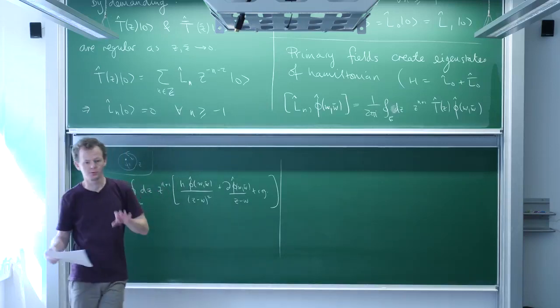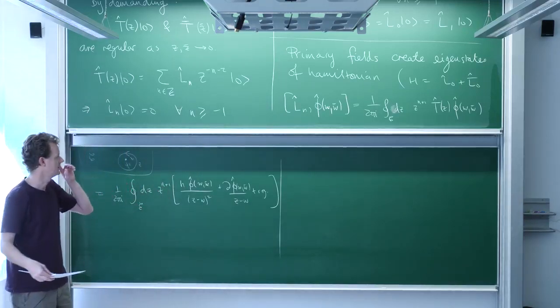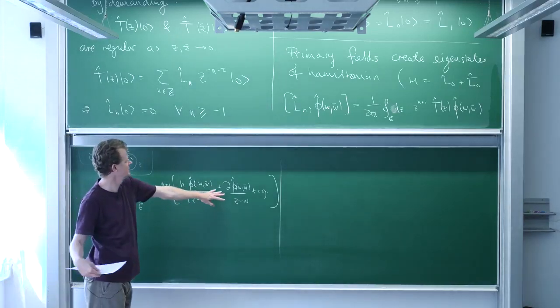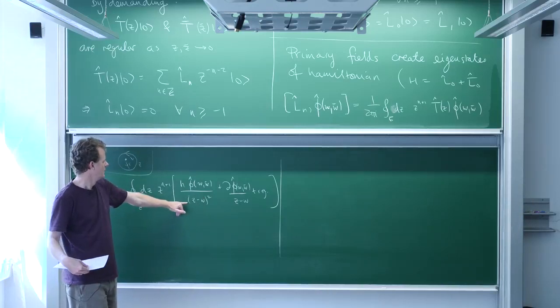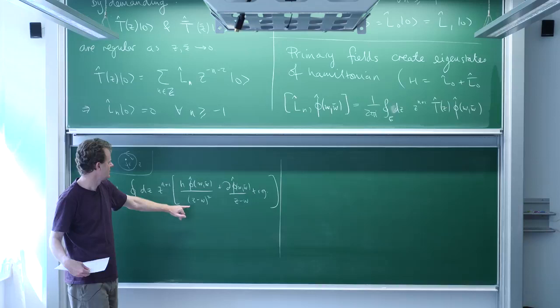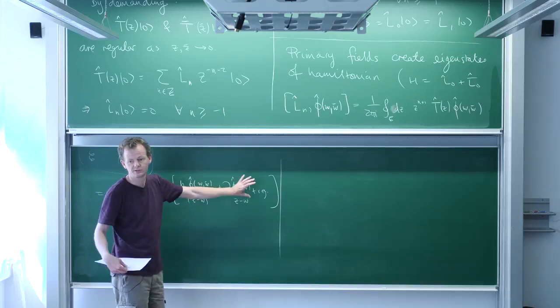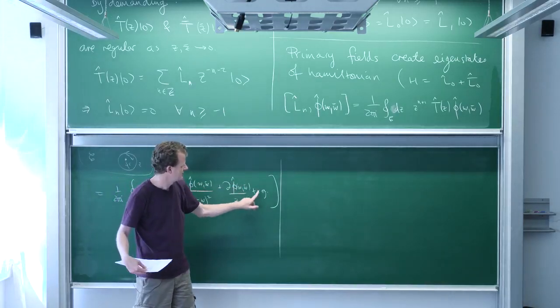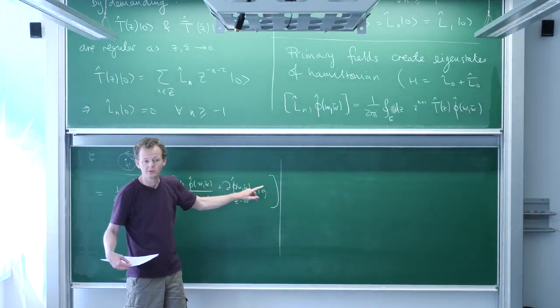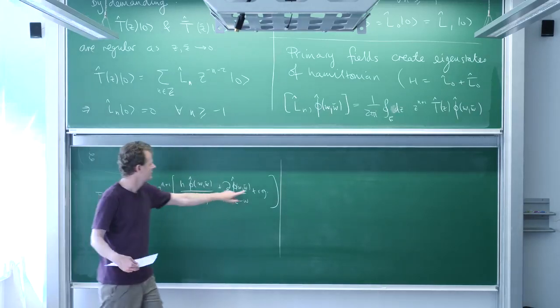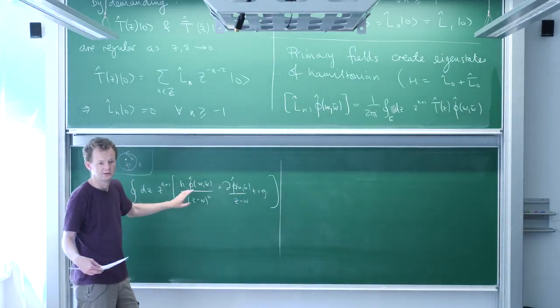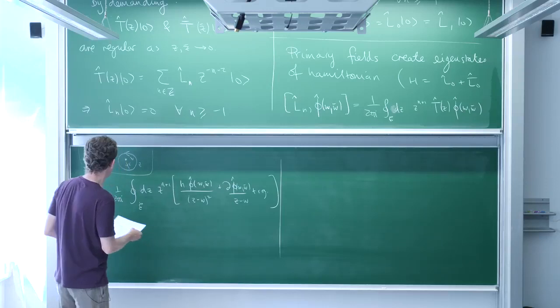And the OPE for a primary field with a stress energy tensor is defined essentially to be this. It's the only thing that's consistent with the correlation functions. And so we have two singular terms and a third term which is regular. There's an infinite number of terms here, but when you do the contour integral of any regular function, you just get 0. So you only have two terms emerging.